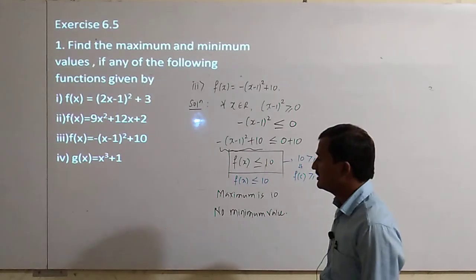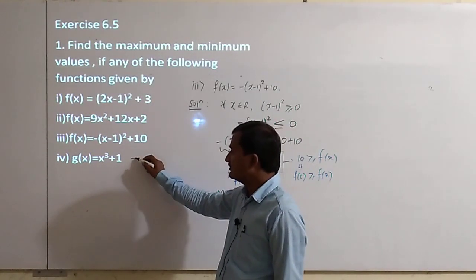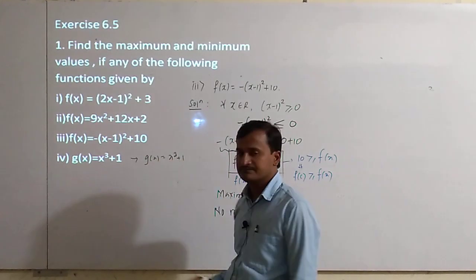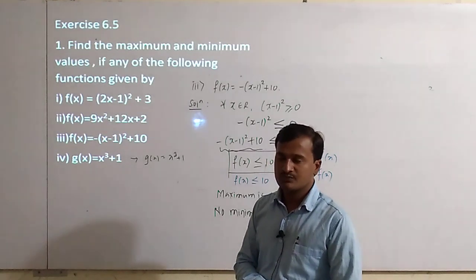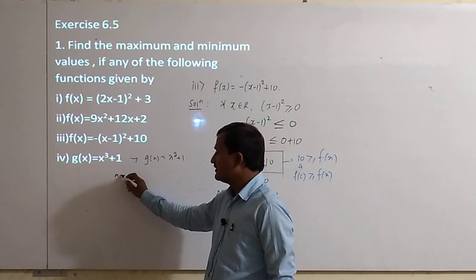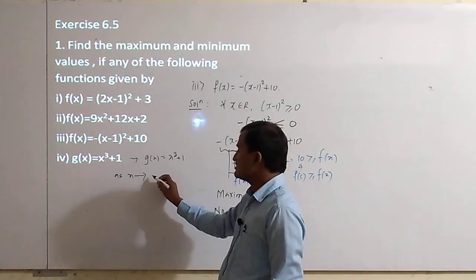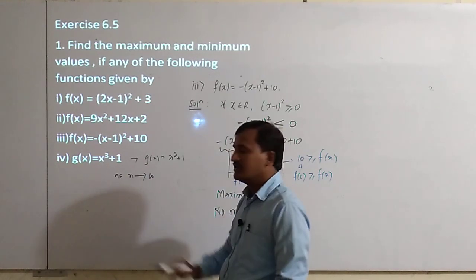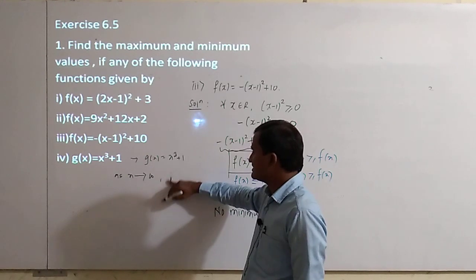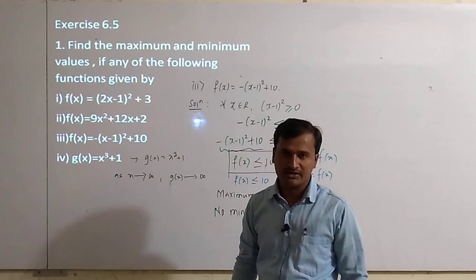Okay, next we'll go to the fourth function, g of x equal to x cube plus 1. See here, as x approaches infinity, g of x also tends to infinity.